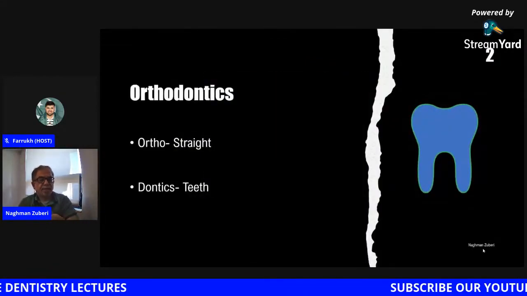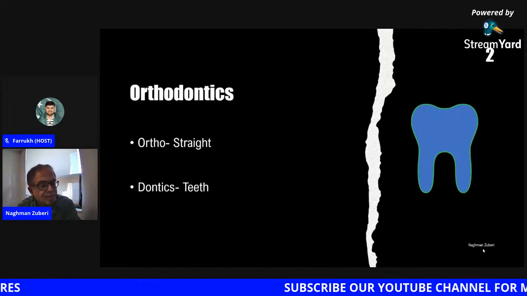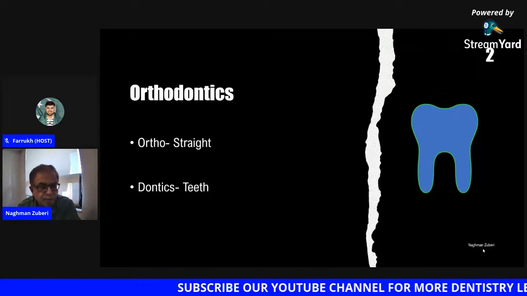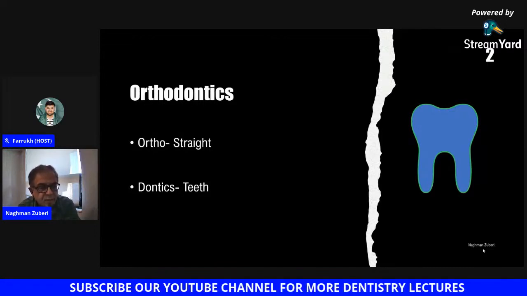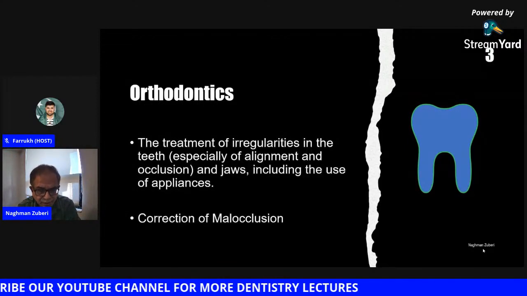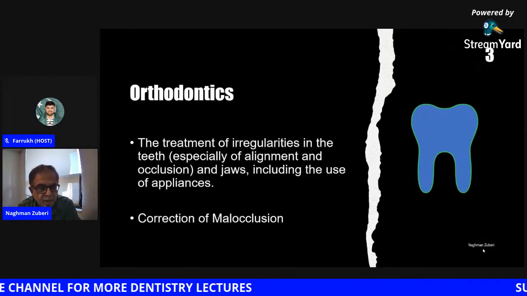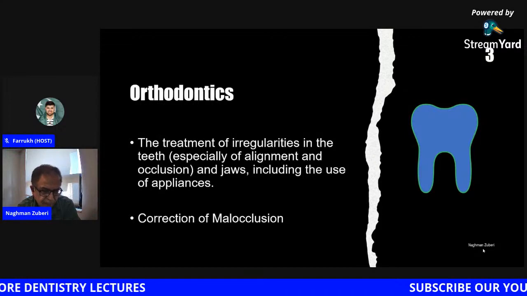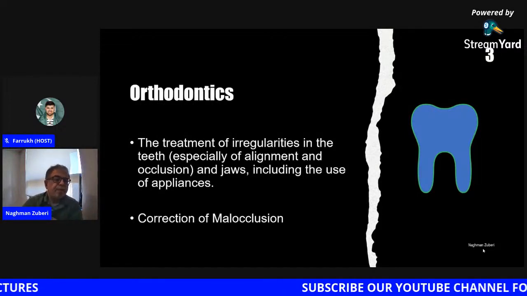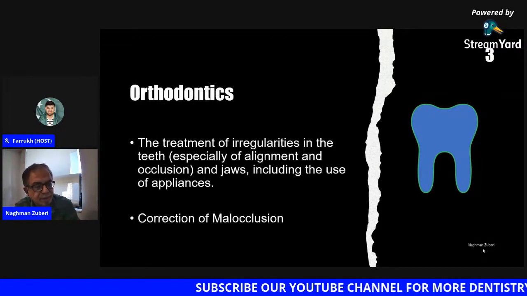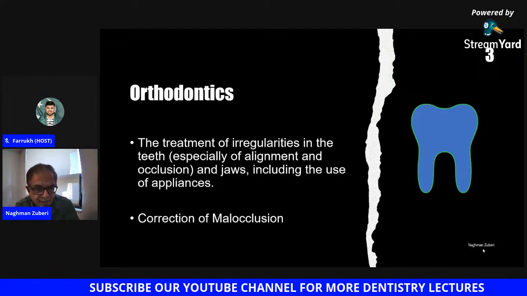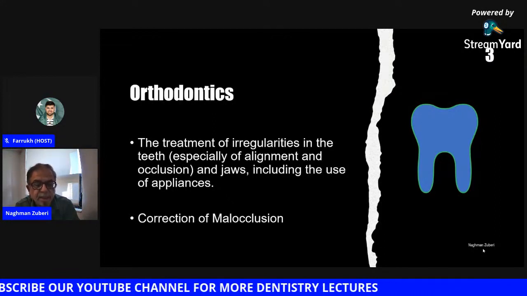So let's see. Ortho means straight and dontics are teeth. So straightening of the teeth is basically orthodontics. It is the treatment of the irregularities of the teeth, especially the alignment and occlusion.